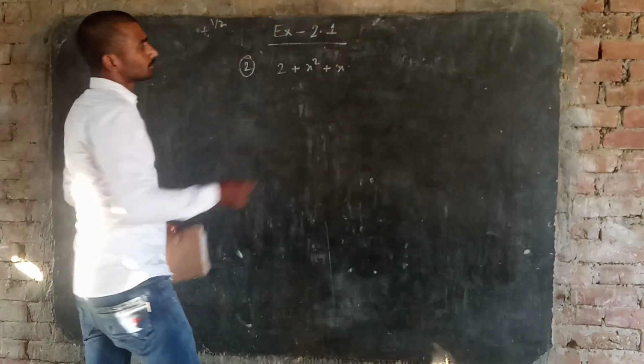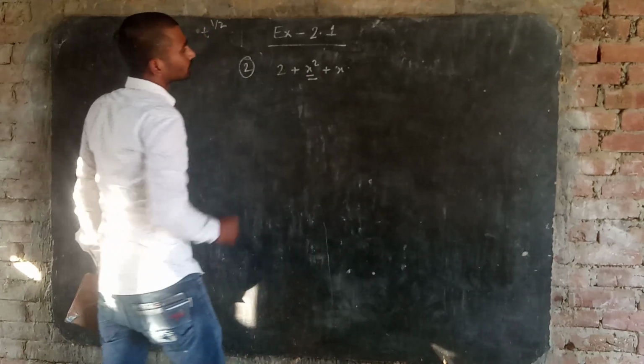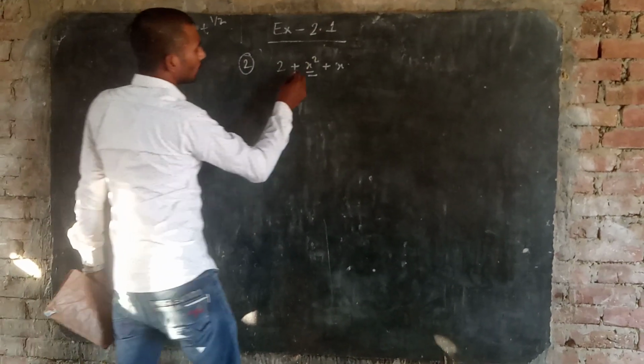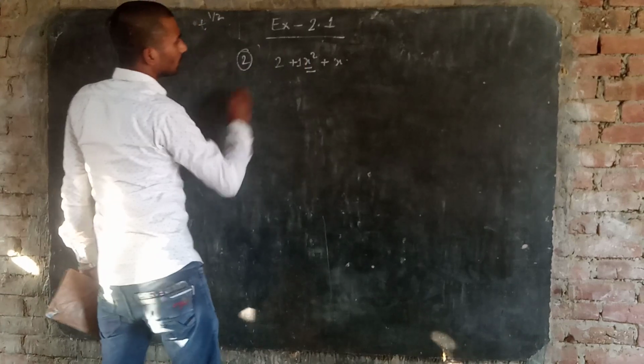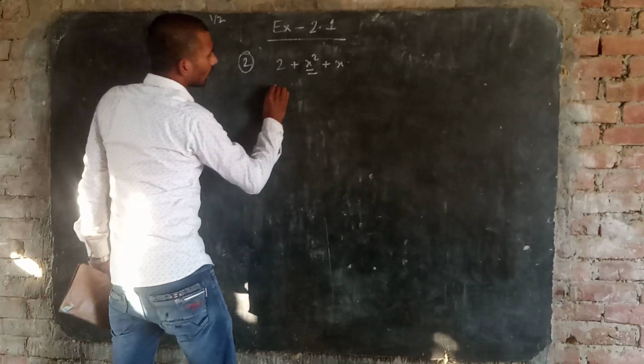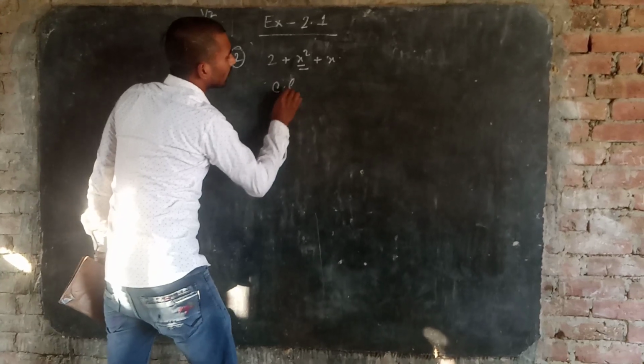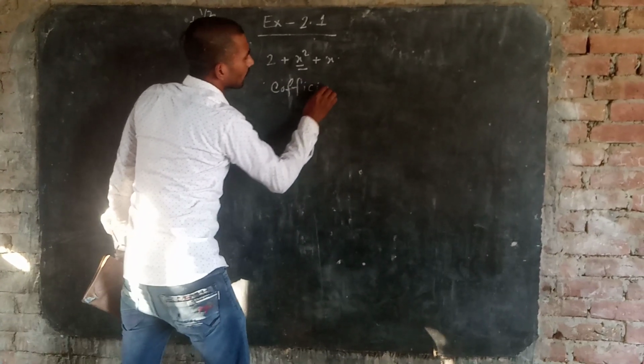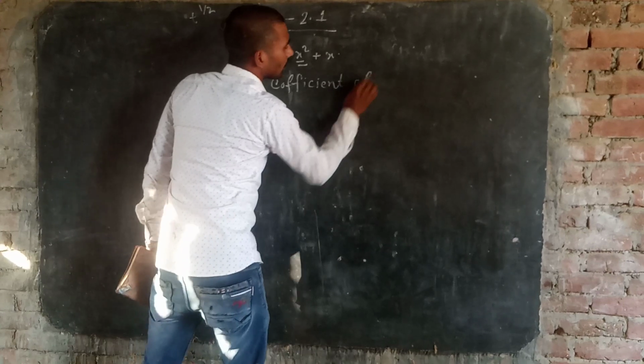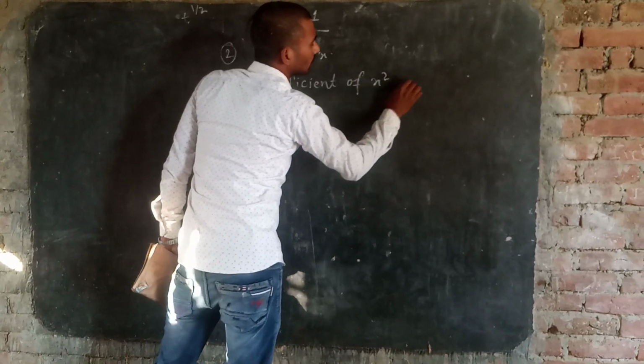In this, x square has one variable, so the coefficient of x square is equal to 1.